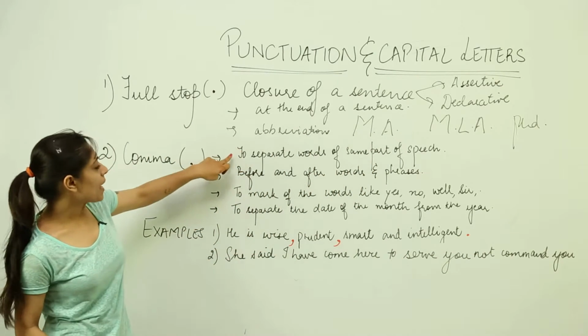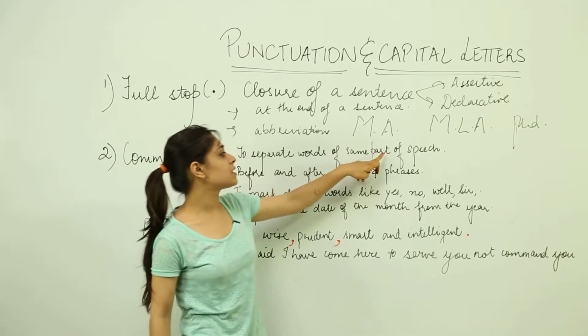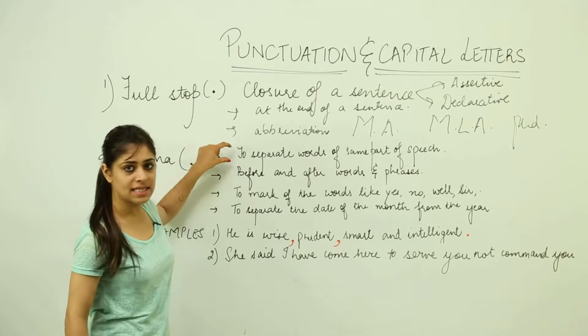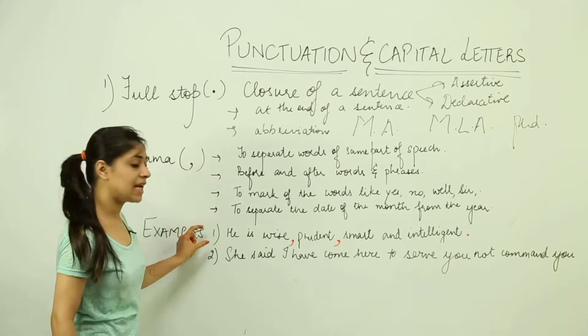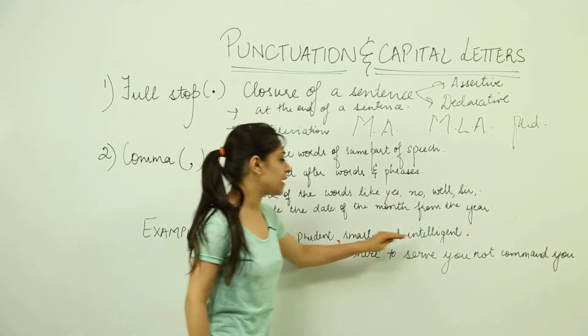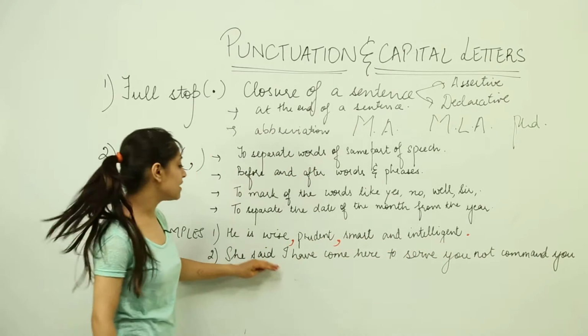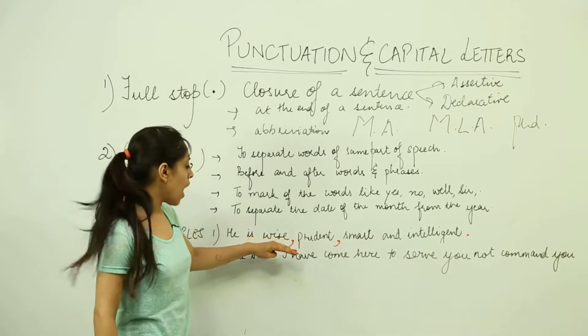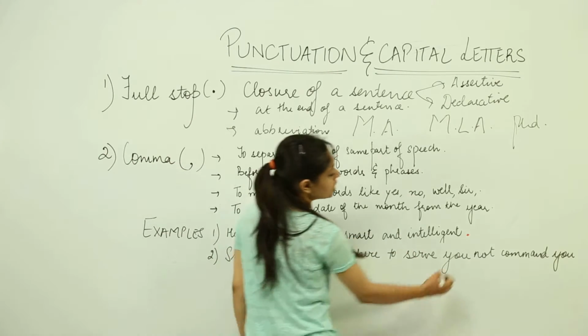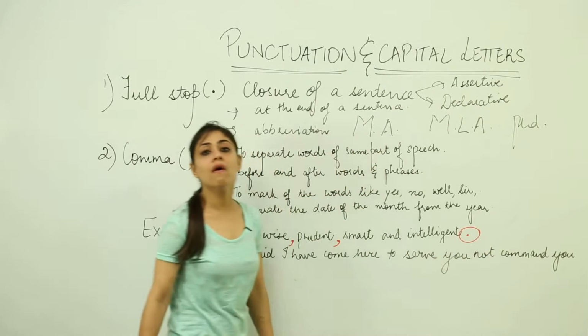Now, we explained that to separate words of the same part of speech, comma is used in this scenario. This is explained very clearly in this example. These are the same parts of speech, that means these are all adjectives and are being separated one by one with a comma. And then we enclosed the sentence with the help of a full stop.